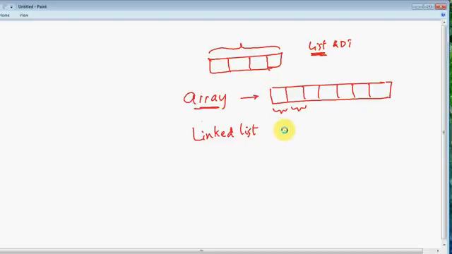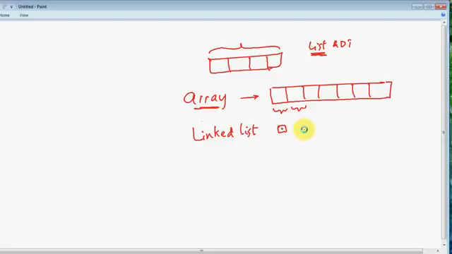Just as an introduction, one of the properties of an array is that all the elements in an array are consecutive in memory. They are back to back in memory. In a linked list, that's not the case. Every element, called a node, can be located anywhere in the memory.